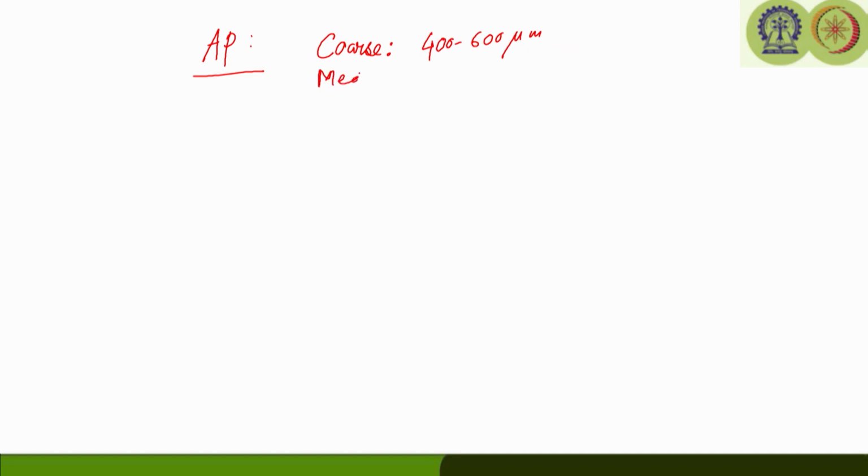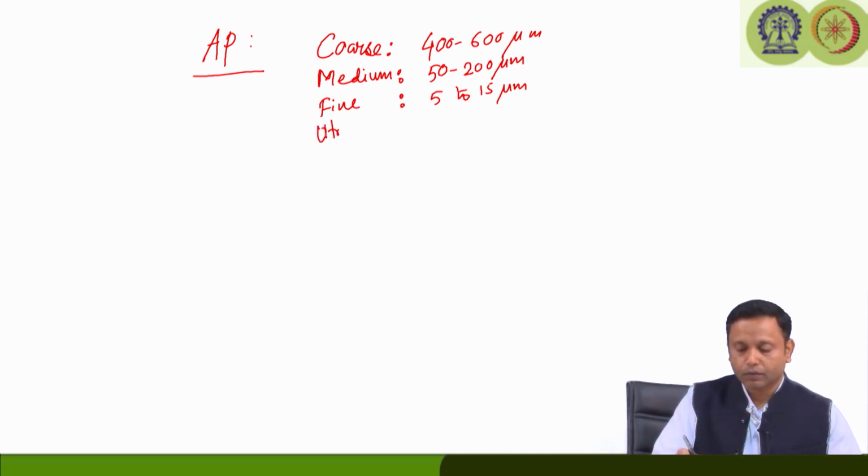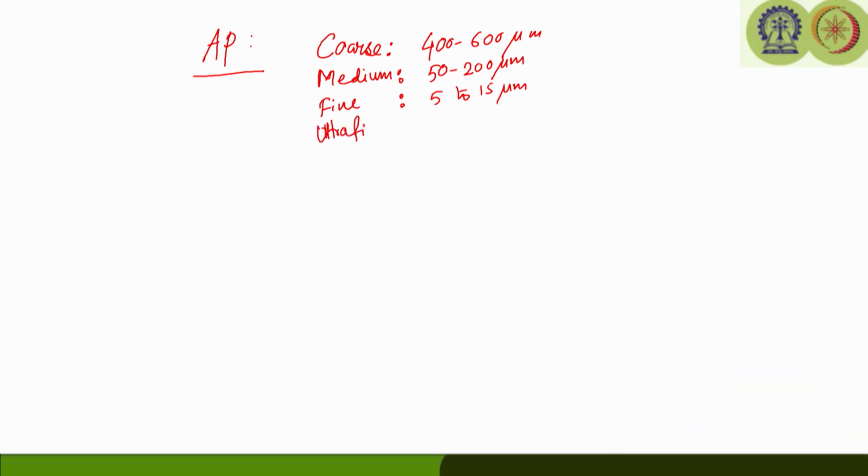Another category is medium, in the range of 50 to 200 micron. Another category is fine, which is 5 to 15 micron, and there is ultra fine, which is some micron to 5 micron.